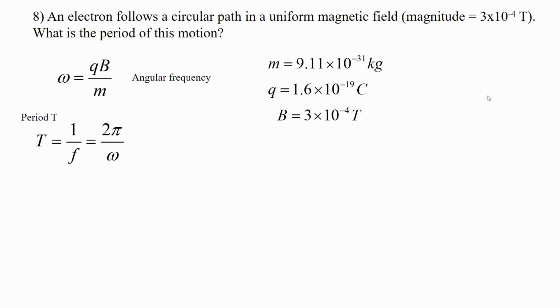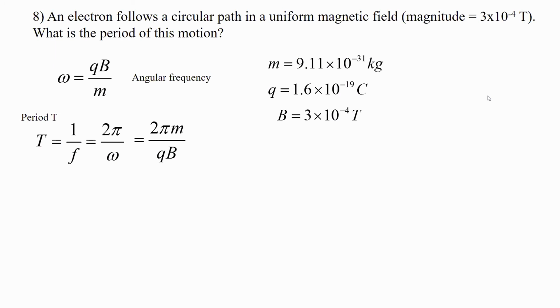So the frequency is the number of full cycles, but for angular frequency, it's the number of radians per second, and there are 2 pi radians in a circle. Hope you guys remember this. All right, so we can now substitute for omega, so the period is 2 pi times the mass divided by the charge times the magnitude of the magnetic field.